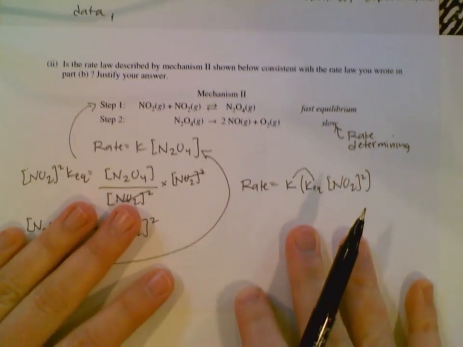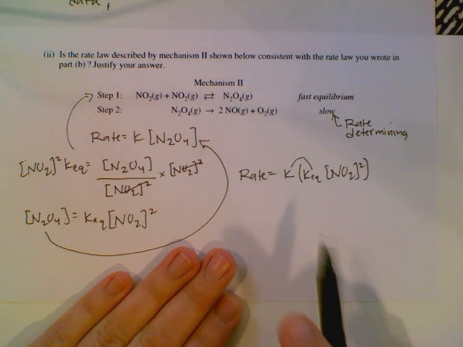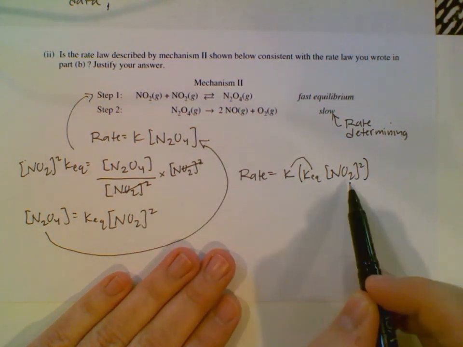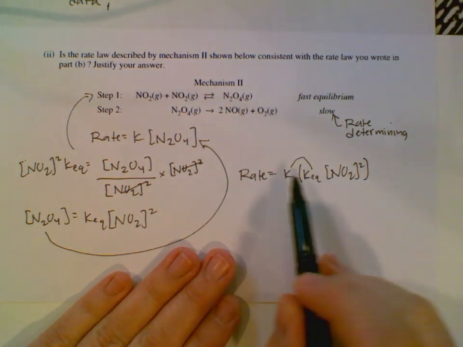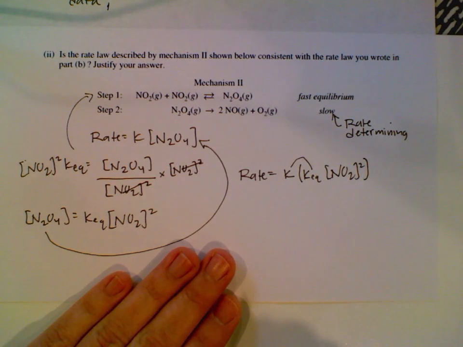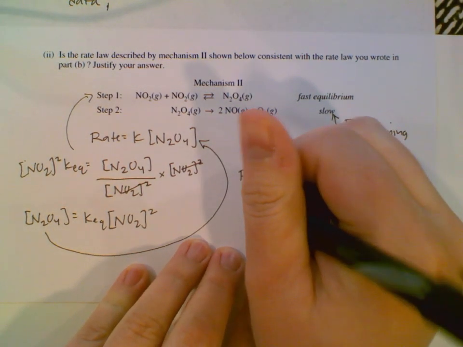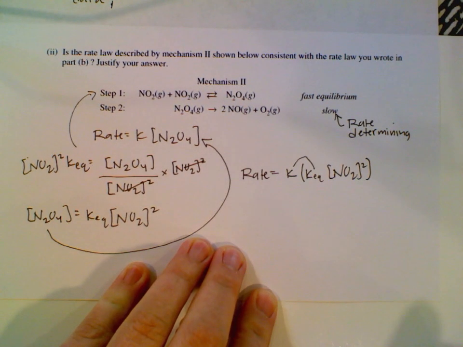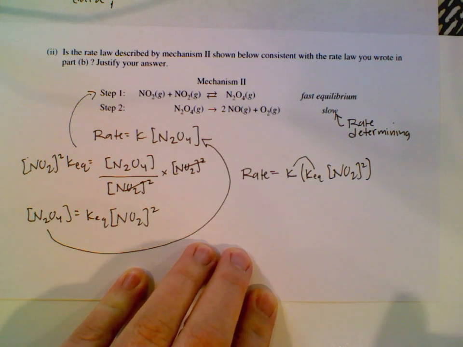Okay, so if we look at this again, this substitution method allows me to say that yes, it is equal to NO2 squared. And so I would say, how am I going to word that? I think a lot of the math would represent itself.